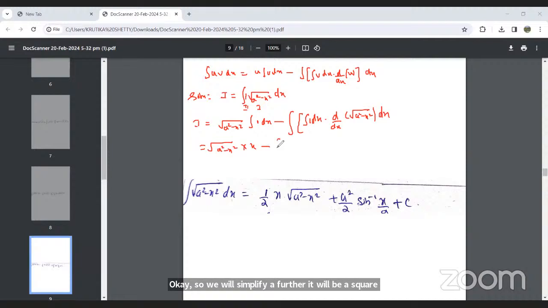Okay, minus integration of, again see in the bracket, first we will solve this integral. So 1 integration will be x into derivative of root of a square minus x square will be 1 upon 2 root a square minus x square into minus 2x. Okay, minus 2x, because a square derivative is 0, x square minus x square derivative will be minus 2x dx. Okay, so this 2 and 2 will cancel off.